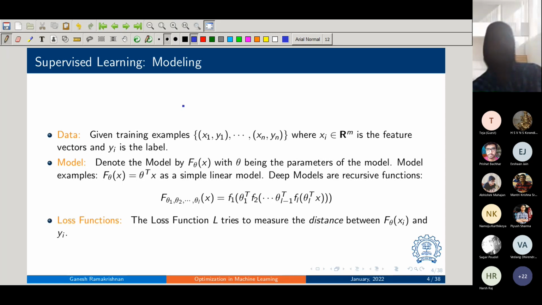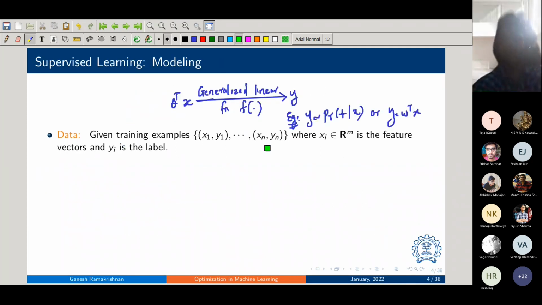So the loss function L tries to measure how far the final capital F is from the y. They're trying to measure the distance between this F of theta, xi and y. And how is the F obtained?